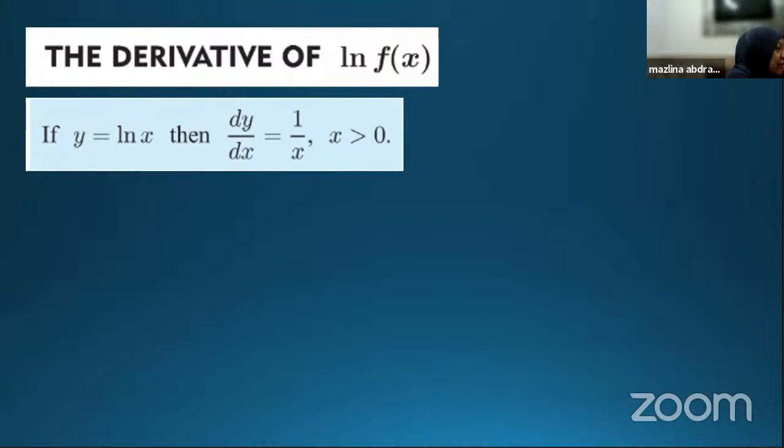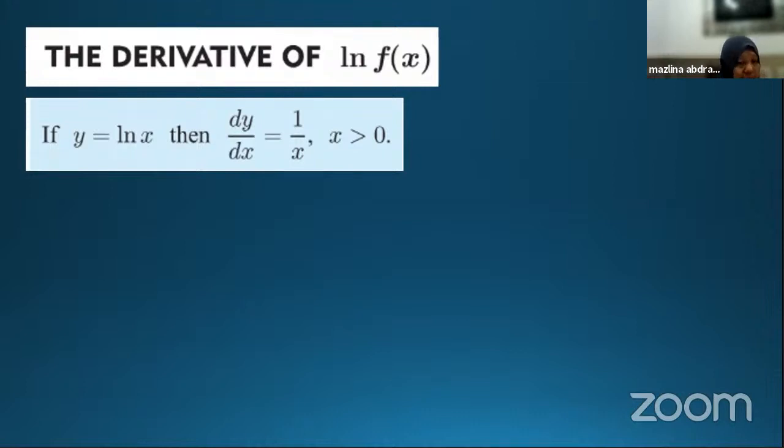Okay, so ni, if you look at this, investigation 9 dengan investigation 10 ya. So kalau kita tengok investigation 9 ni, use analogy to help you copy and complete the table here. So they need you to find f(1) and then f'(1), yeah. So if you key in that, actually you will see the value of f'(1) tu ada the derivative there. You move down, you akan nampak the difference.